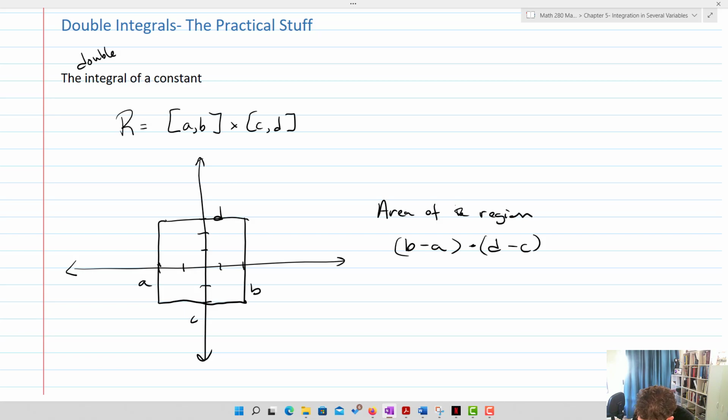So B minus A is that length, and D minus C is that length right there. Multiply the two of those together, and you get the area of the region.